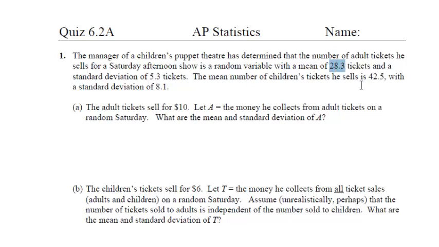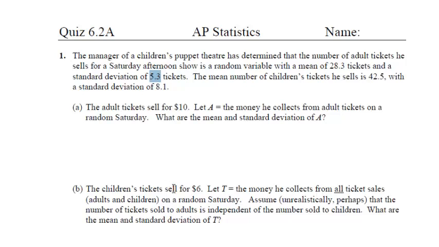And so all we have to do really is multiply it by $10 for each ticket. And I think you get something like $283 for the tickets. Standard deviation multiplies the same way. So if it's 5.3 tickets, it should be $53 for the standard deviation.